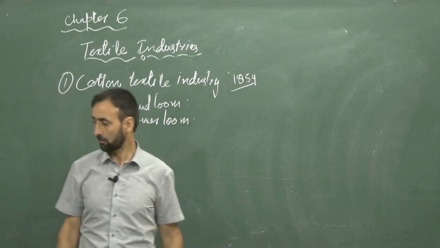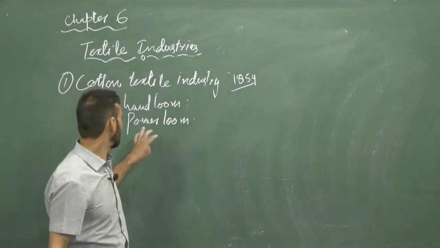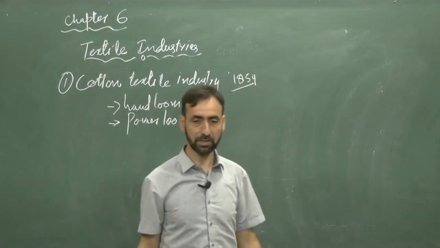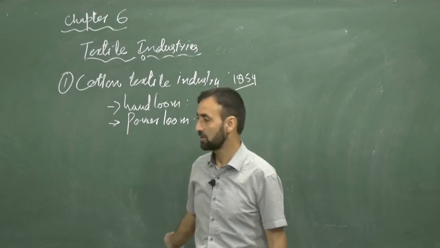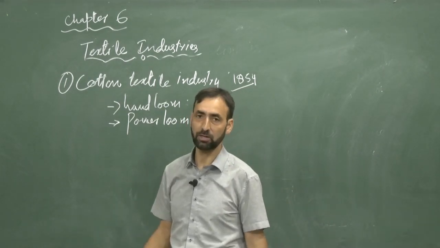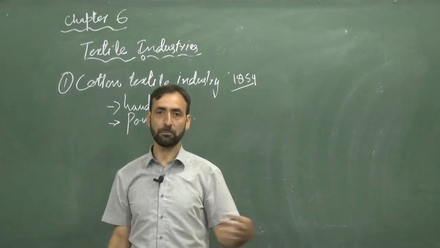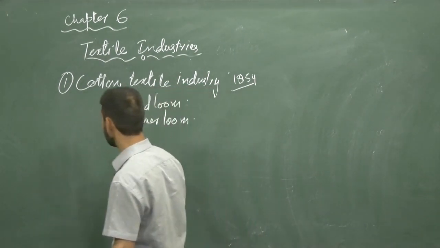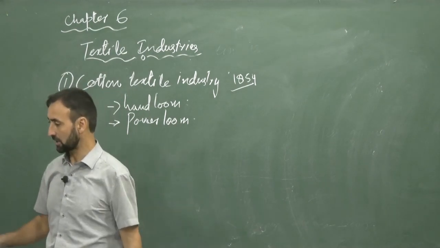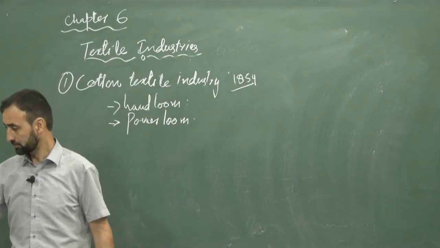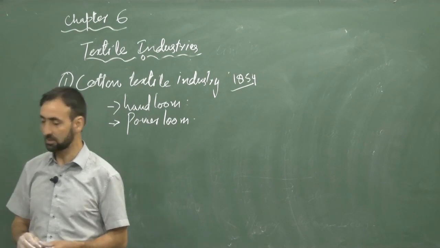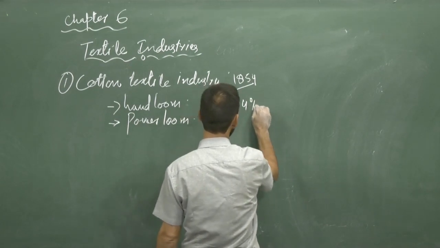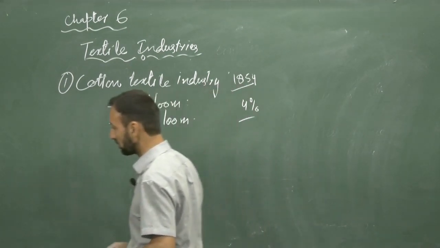Now, cotton textiles as made in India are also exported to other countries. These older type of industries export to the UK, USA and other countries. In this way, the cotton textile industry has also contributed 4% of GDP. That was about the cotton textile industry.